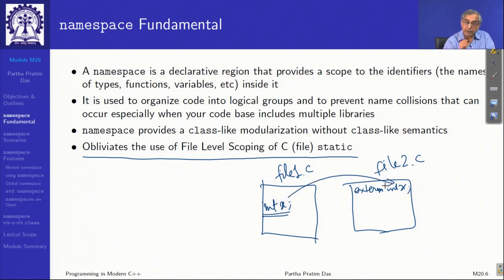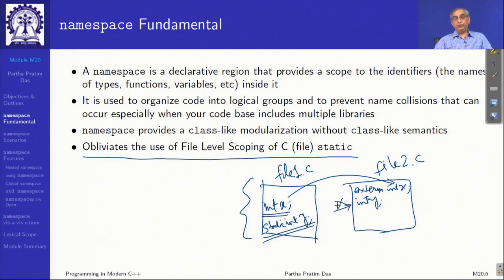If I do not want that to happen, then I can write it as static, say int y. I can write int y in the other. Now, what it means is this static int y is available only within this file. It is not available here. This is not same as the global int y that you have.